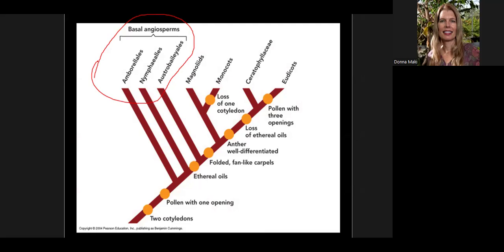And then here, we're going to talk about monocots and compare monocots to, we tend to shorten it and just say dicots, but technically eudicots is the correct way to say it. But here you can see that you have a difference in number of cotyledons. Talk a little bit more about that.